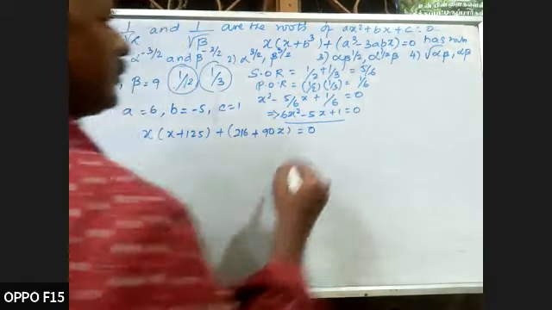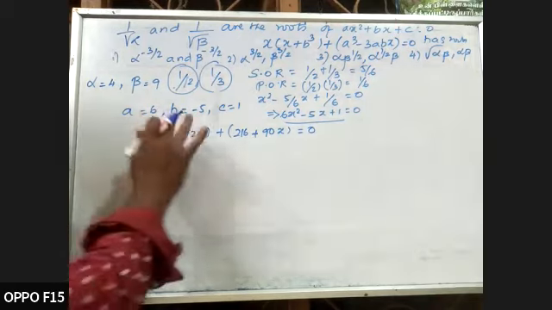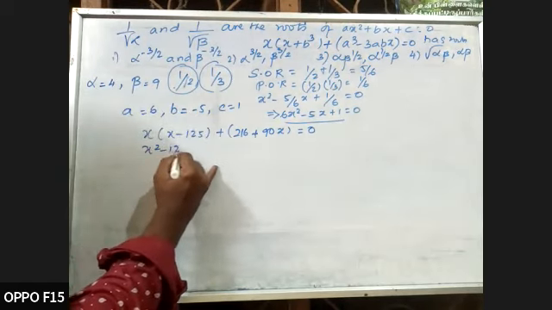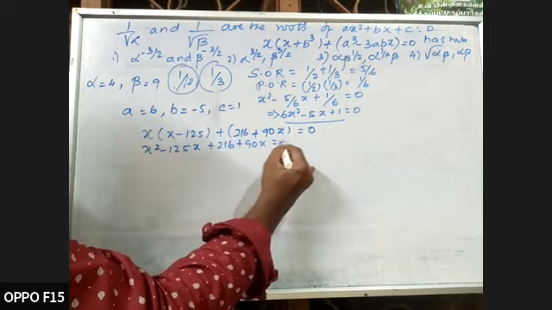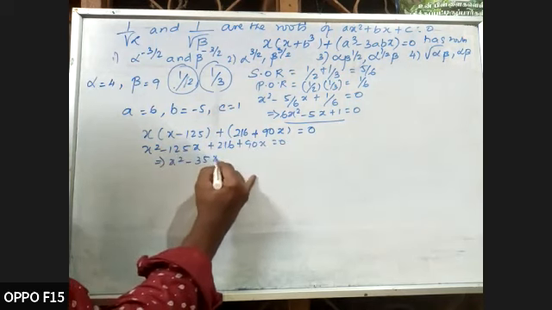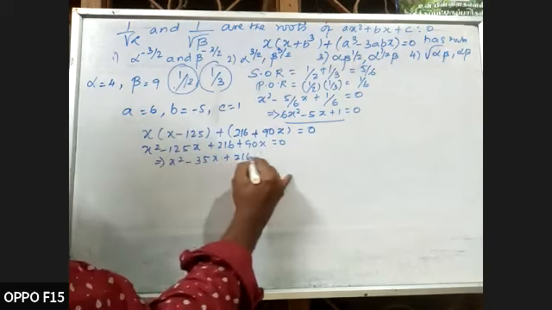Which is equals to 0. a cube minus b cube: minus 125. So multiplying, x square minus 125x plus 216 plus 90x equal to 0. This becomes x square minus 35x plus 216 equal to 0.